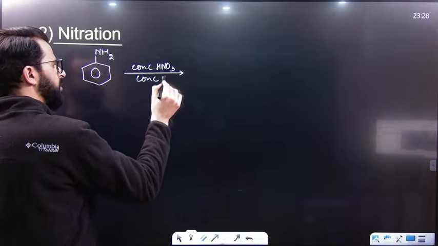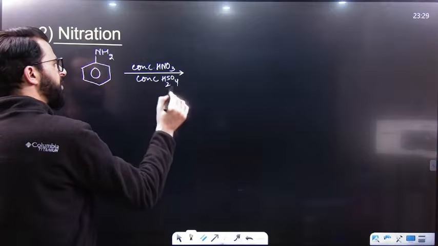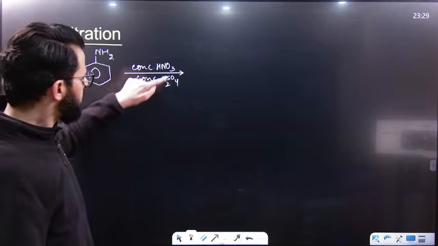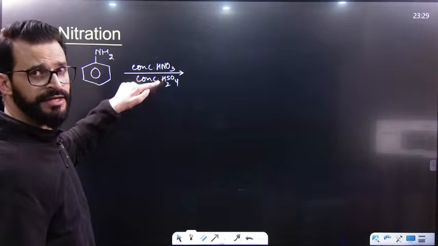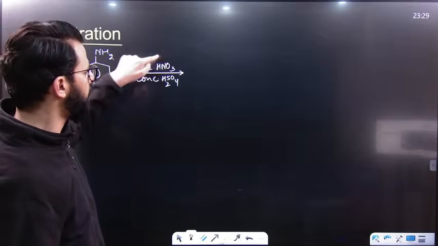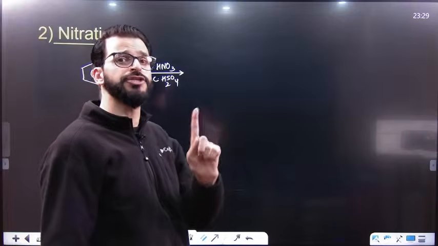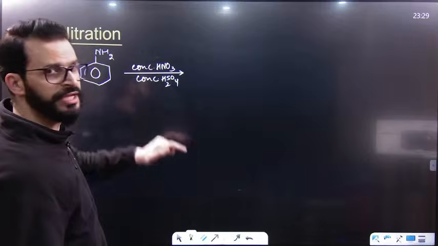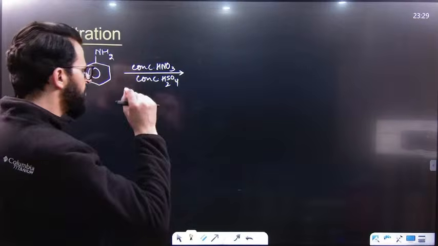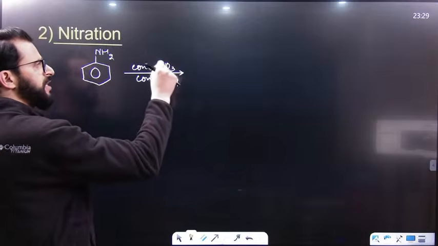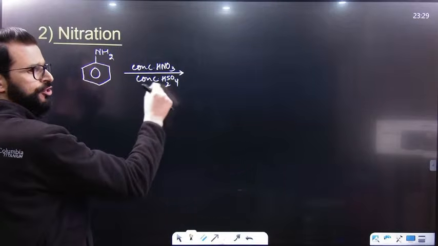But remember, whenever nitrating mixture is there, this H2SO4 will act as an acid and its function is to generate the electrophile from HNO3. In this reaction, nitric acid is not an acid, it will act as a base. In every nitration reaction, nitric acid will act as a base if H2SO4 is there.